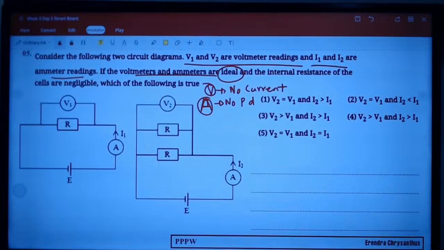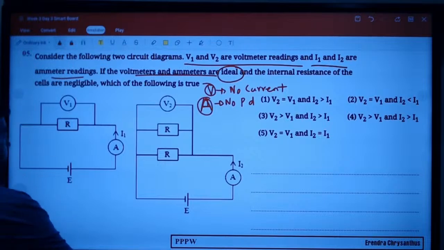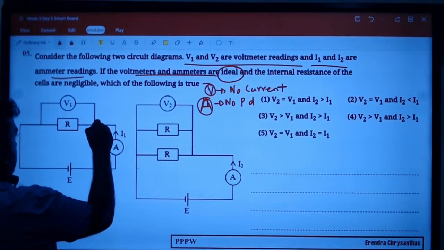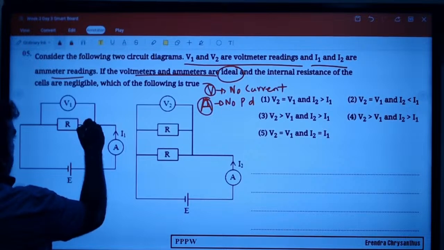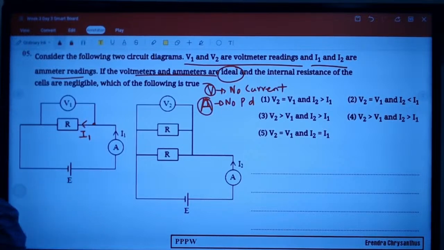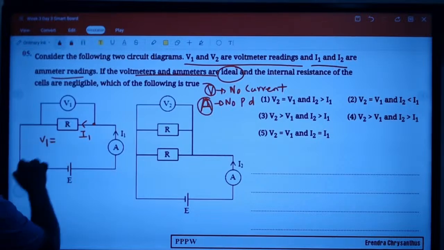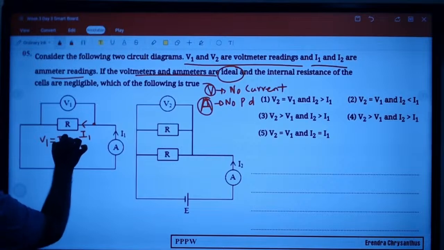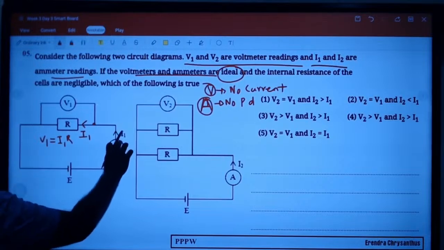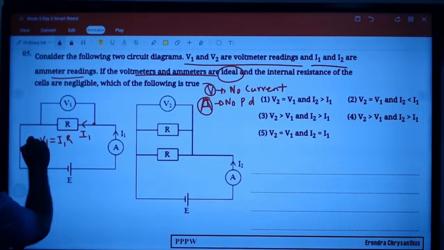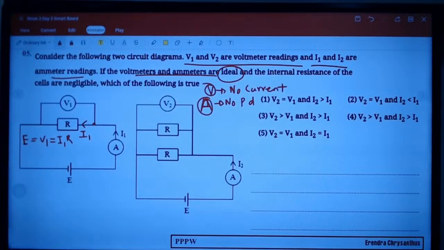Okay. So EMF is given here. Current won't go through the voltmeter. All the current passes through the resistor. So we can easily say V1 is equal to I1R. No potential difference across the ammeter, so V is also equal to E. What can you say here?